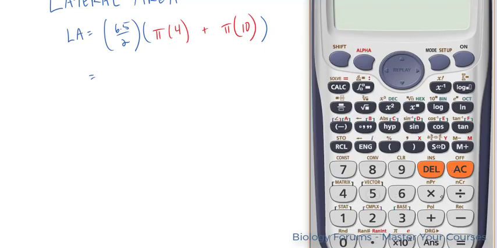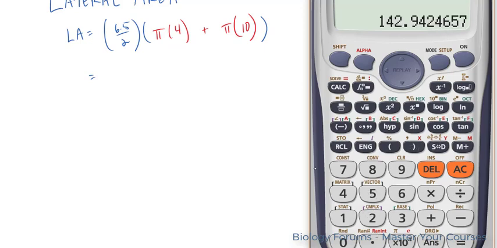6.5 divided by 2 times pi times 4 plus pi times 10, and 6.5 times 6.5 divided by 2.